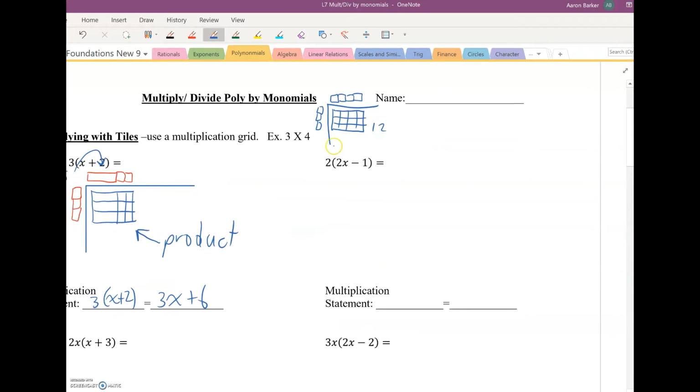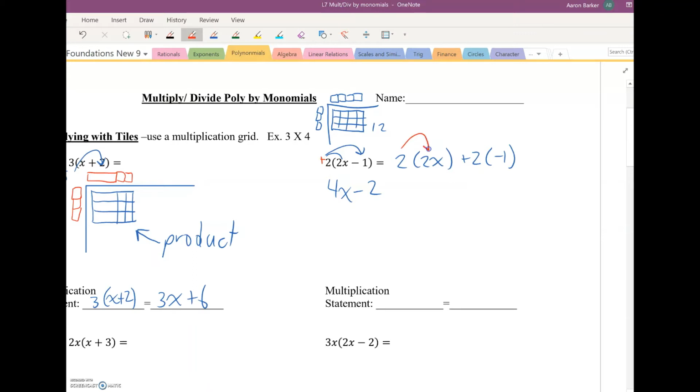This one here, same idea. Okay, so you multiply into both of them. So you multiply in, 2 times 2x gives you 4x, and 2 times negative 1 gives you negative 2. So what you can do is you can actually rewrite this as 2 times 2x, and then it's also plus 2 times negative 1. So keeping in mind that this is a positive 2.